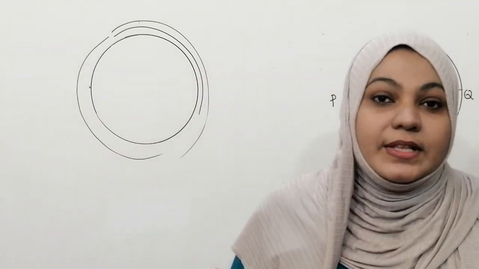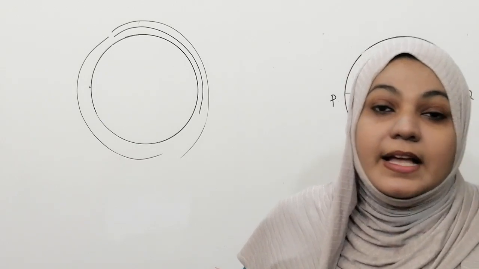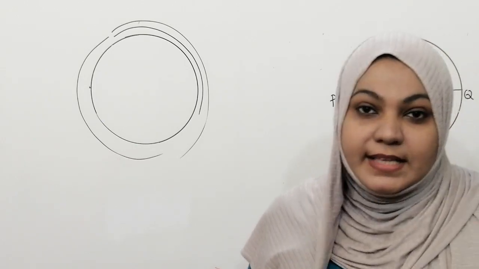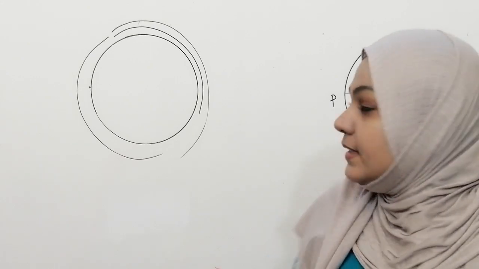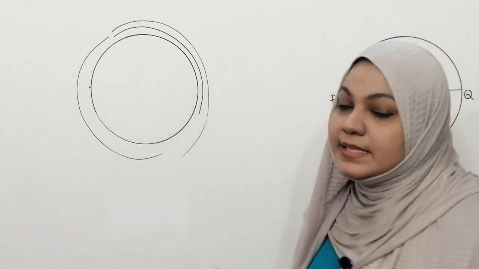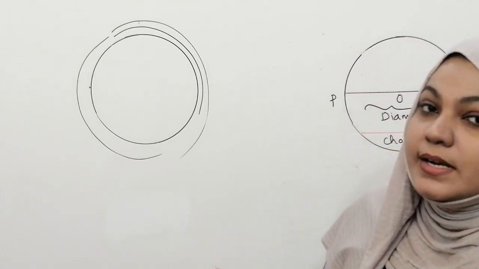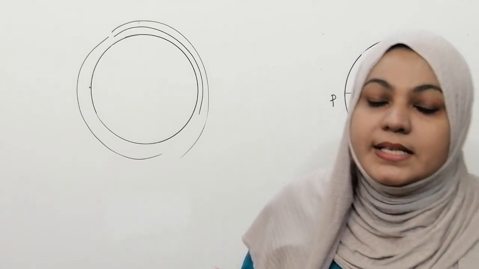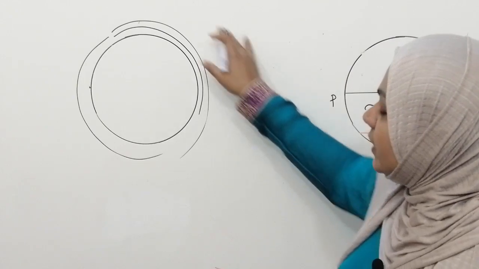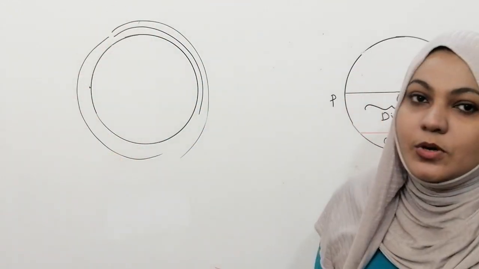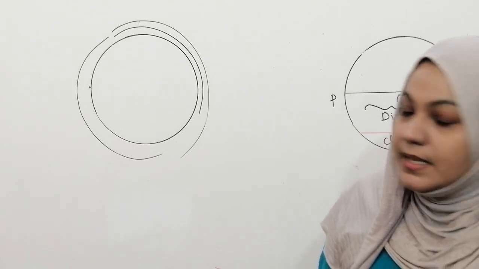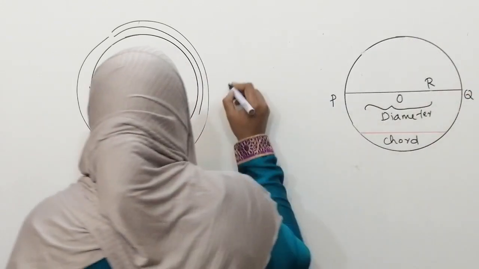You may think the teacher said she is going to start what is arc, but I explained circumference before arc. That means arc and circumference have some relation. If you understood circumference properly, arc is easy for you. So, let's see what is arc now.